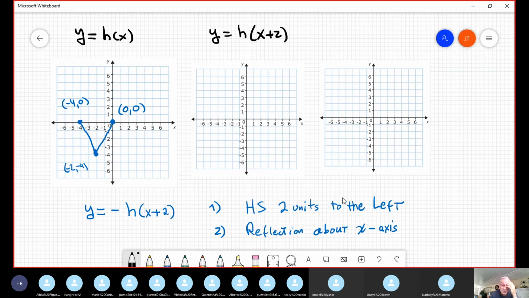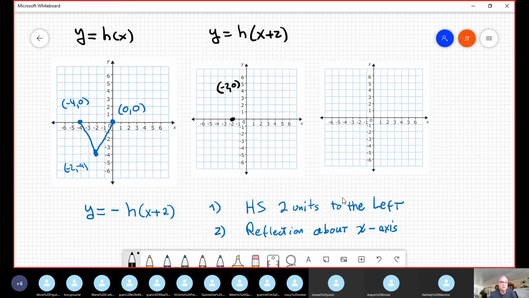The motion is a horizontal shift, so the only component that is affected is x, and y stays the same. Left is subtraction, so this 0 is not 0 anymore. It's -2. This point is transformed to the point (-2, 0).